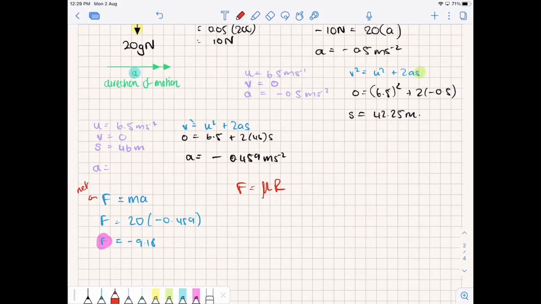And we know that the friction is the net force, and so my total friction must be minus minus 9.18, so it'll become a positive.